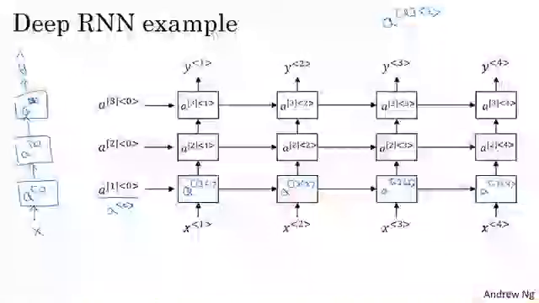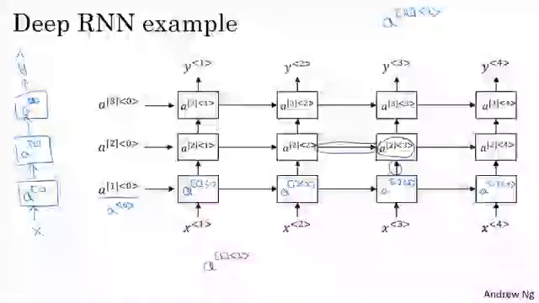So let's look at an example of how this value is computed. A^[2]<3> has two inputs. It has the input coming from the bottom, and the input coming from the left. So it'll be computed as an activation function g applied to a weight matrix.